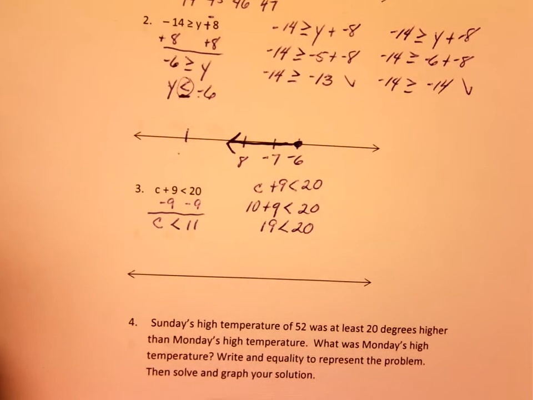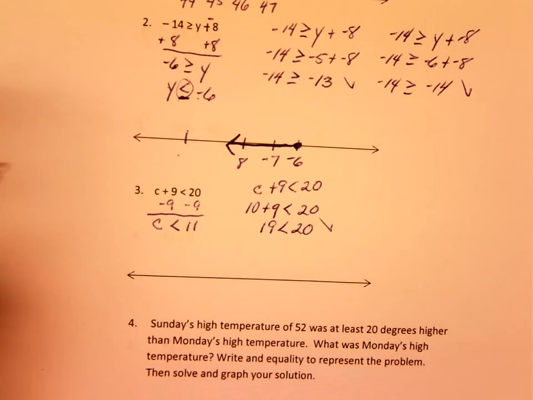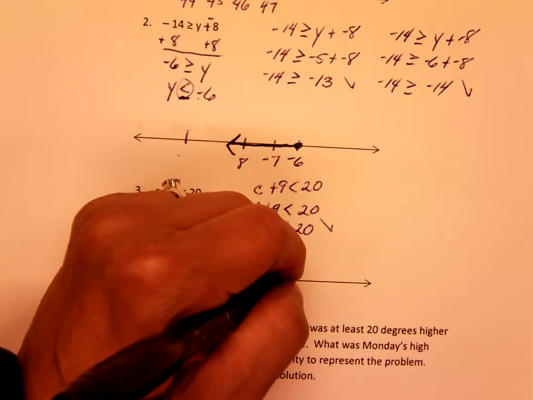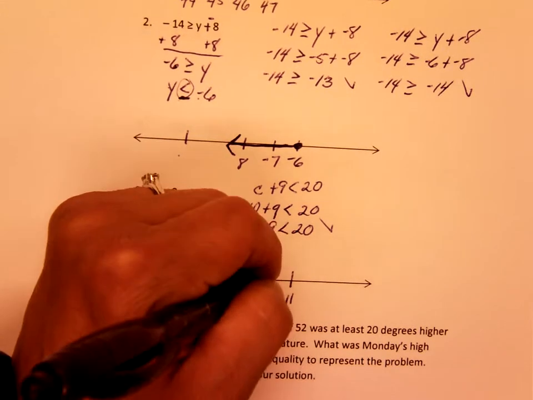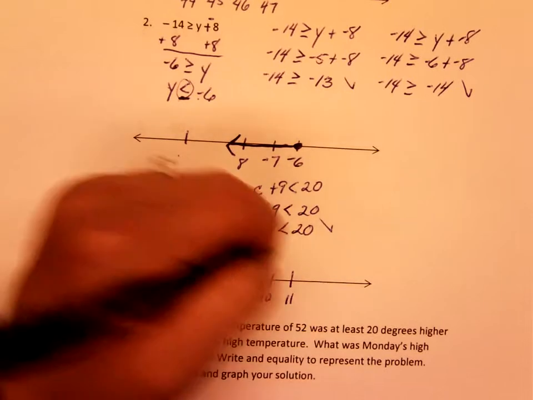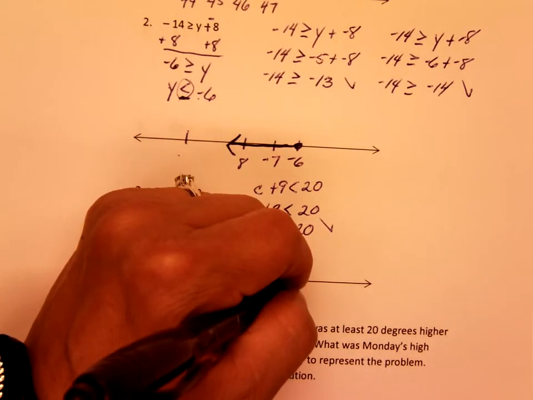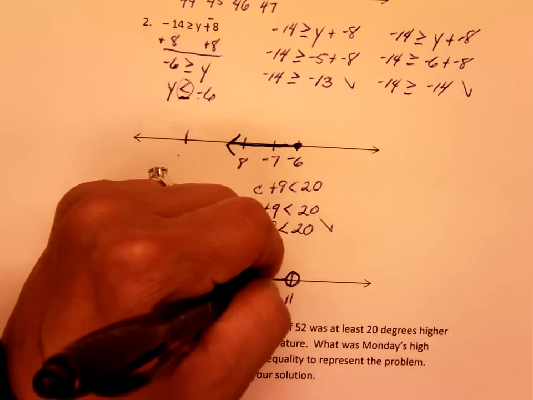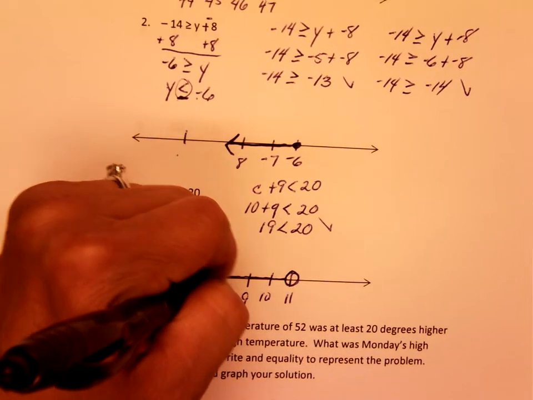That's correct, so that checks out. Then for c is less than 11, it would be 11, 10, 9, 8. This is an open circle because it's just less than, and it's going toward your left.